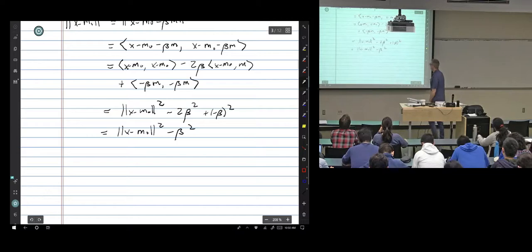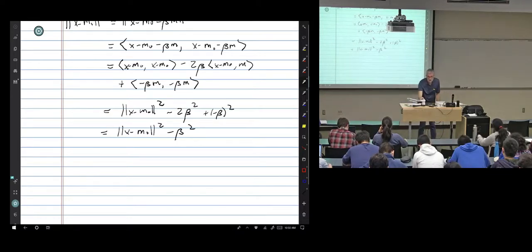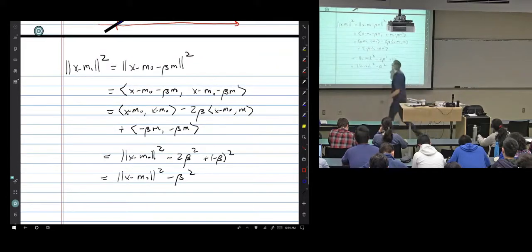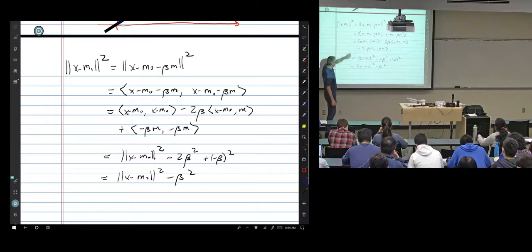Okay, so now I've only got one beta. Beta is not equal to 0. So the norm of my new approximate is strictly less than the original one that I had. So it's not a minimizer.